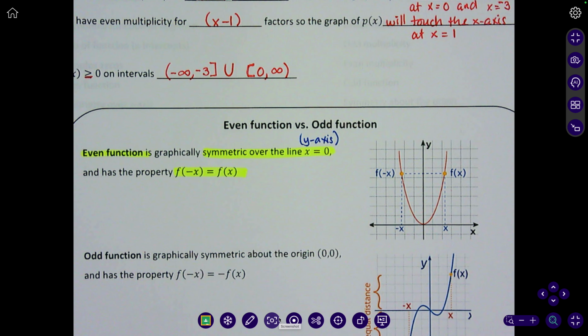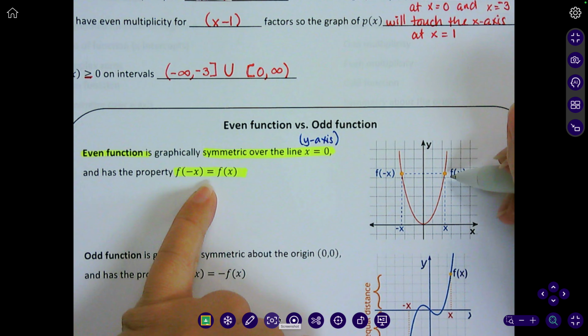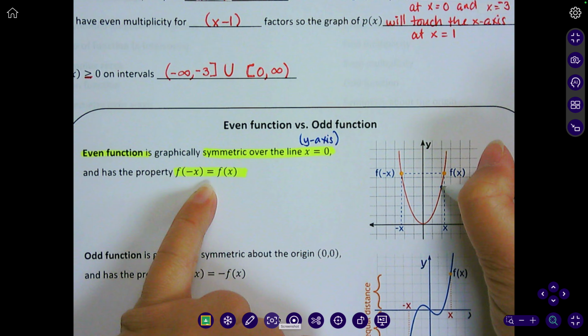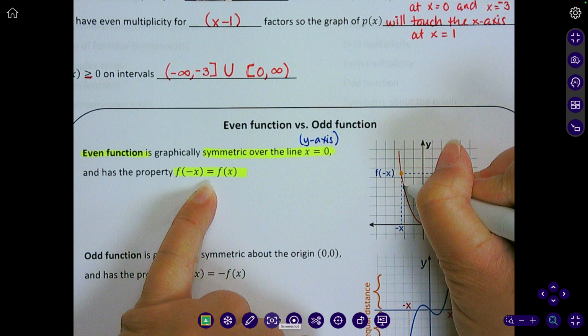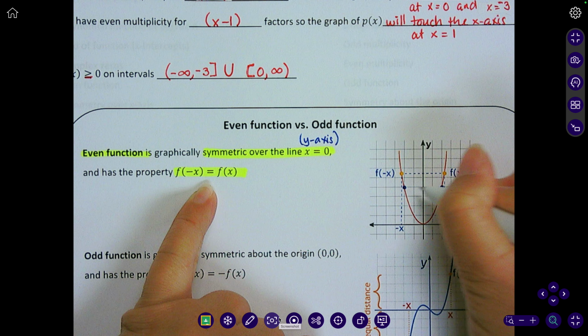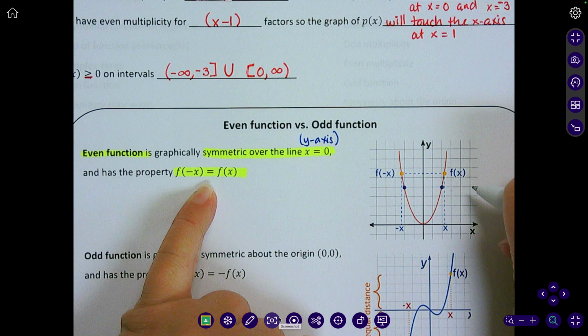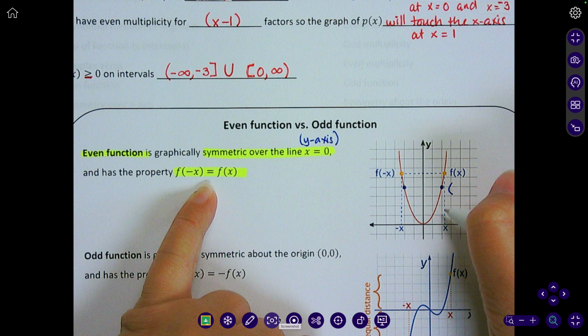I'm going to give you an example so you can see it. Is that okay? These 2 points are what this is. This is an even function. So for example, I'm going to pick this point and this point because I can count them. This point is (2, 4).